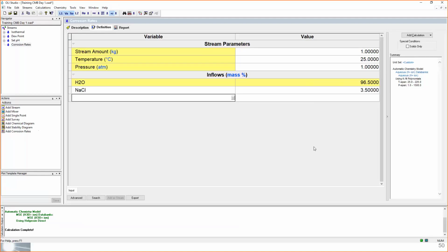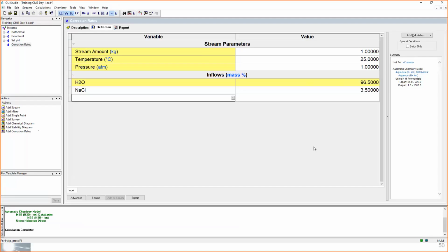The next thing I want to add is, I know that in the lab, if we are not working under aerated conditions, we will have a very small amount of oxygen present in the system, dissolved in the water. So I will account for that. I will assume that this sodium chloride solution is saturated with oxygen.